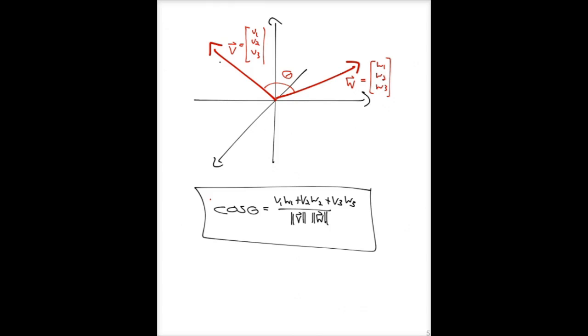Once again, we certainly haven't proven these formulas, but they are proven using the law of cosines, and that proof is straightforward and found in your text. I'll certainly leave it up to you to go through that proof and to do a few examples where you actually calculate the angle between two vectors.